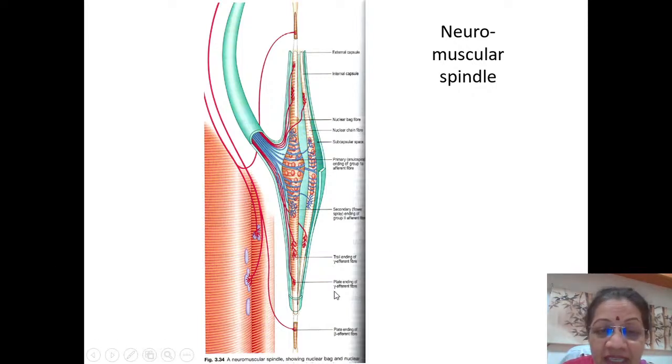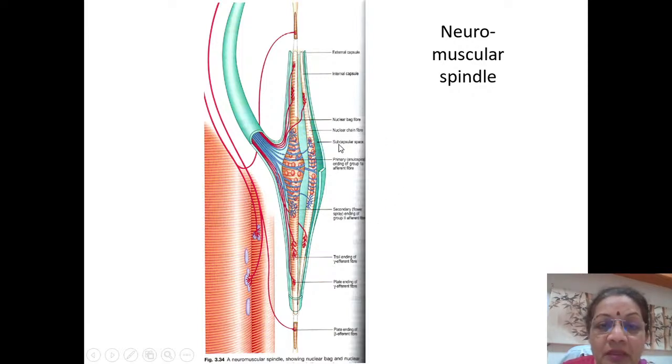So here we are saying there is a gamma efferent, and here we are saying there is a beta efferent fiber. The difference seems to be that the beta ones are going towards the tips of this spindle shaped structure, whereas the gamma ones, the trail endings and the plate endings, are ending more on the thicker part of the spindle of these fibers.